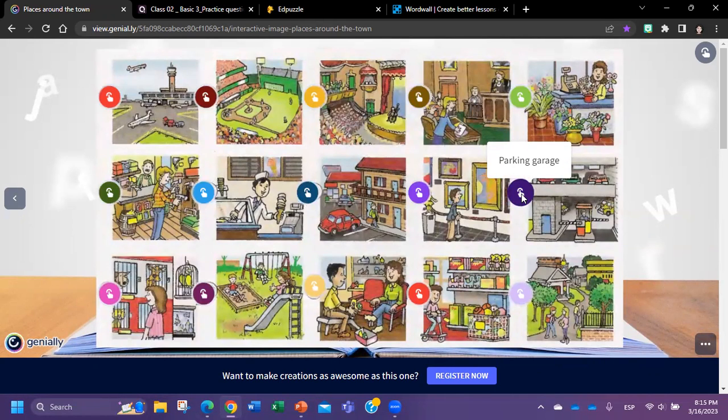Where you can take your car, if you are going to be walking around, for example, or if you will take a bus, you can leave your car in a parking garage, and then you can go to the place that you want to go walking or in a bus, for example. Yes, the next one is a pet shop.